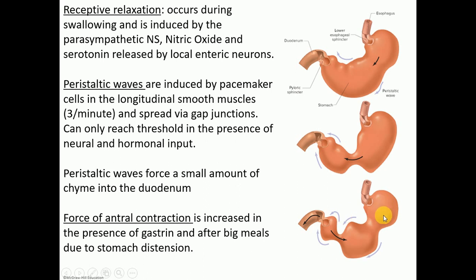These peristaltic waves are going to happen. The antrum, as I said, which is the lower part of the stomach, has a thicker smooth muscle, so those have very powerful contractions. At the end, when everything is all mixed up and we're ready to release the contents, the pyloric sphincter is going to relax, and we are going to start the emptying of the gastric contents.